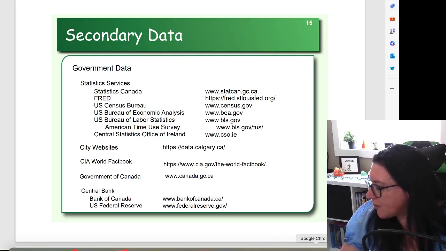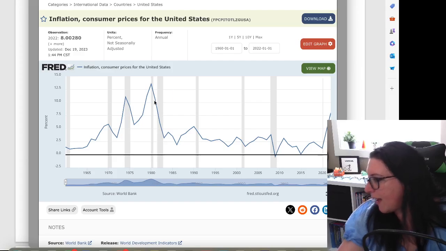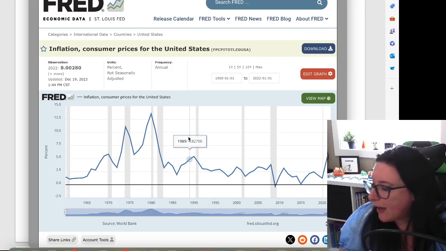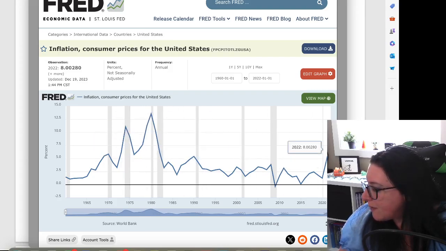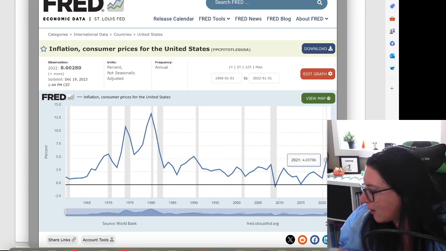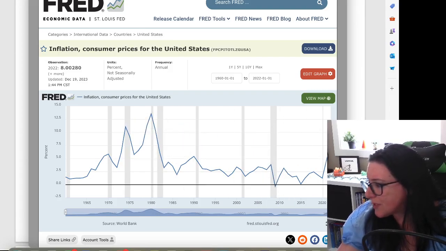FRED is the US version of StatsCan. So FRED is the Federal Reserve economic database. And so we can see, for example, the amount of inflation in the US and when it has peaked, when it has fallen. So you can collect economic data from these statistical sources.